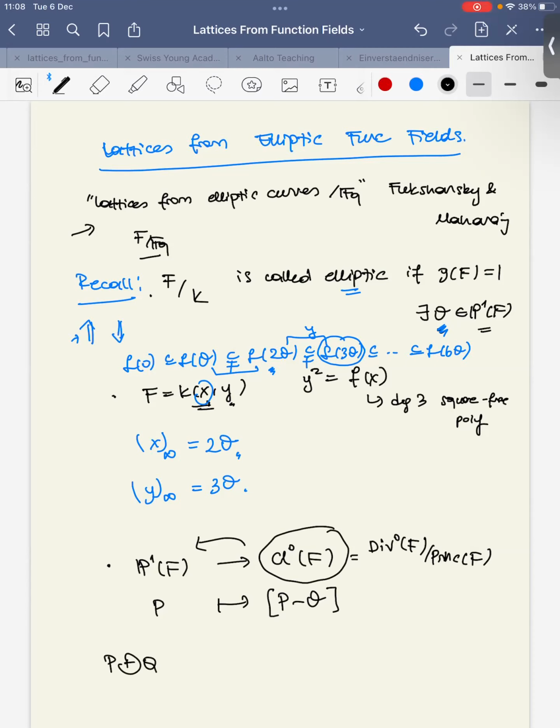And we defined the addition on the set of rational places by using the equivalence of divisors. This is divisor equivalence, and O is the rational place we fixed in the beginning.